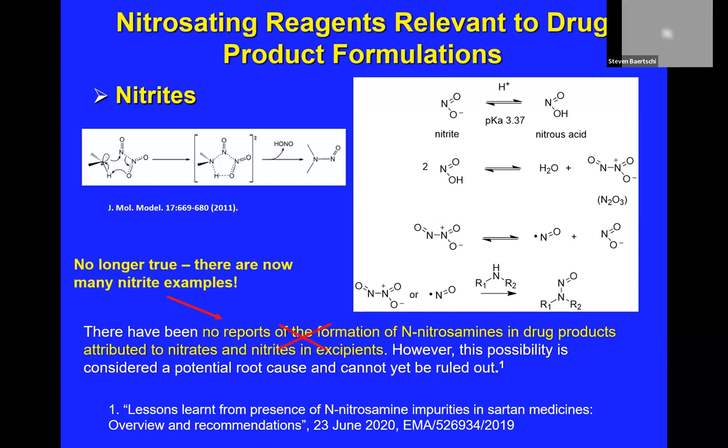There have been numerous reports of the formation of N-nitrosamines in drug products resulting from low levels of nitrites in excipients, not from nitrates, but from nitrites in excipients. I won't try to name the compounds, but there are numerous examples where this has been significant.